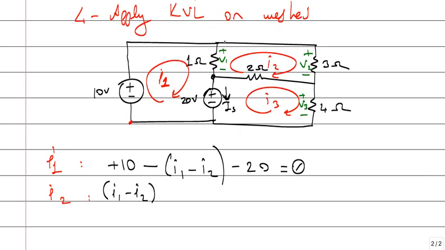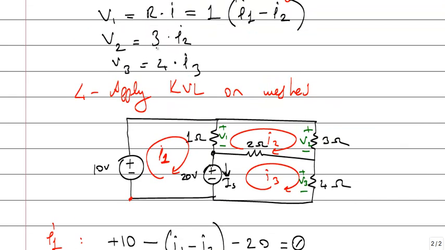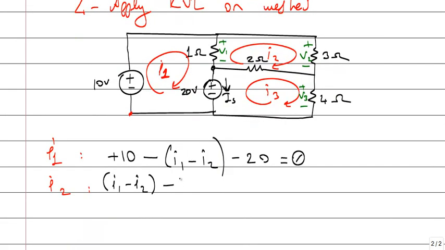Then continue on that loop, plus to minus. It's a voltage drop. Minus V2. What's V2? V2 is 3I2. 3I2 is the voltage of this resistor. Okay. And continue. Oh, I haven't defined a voltage on that resistor.